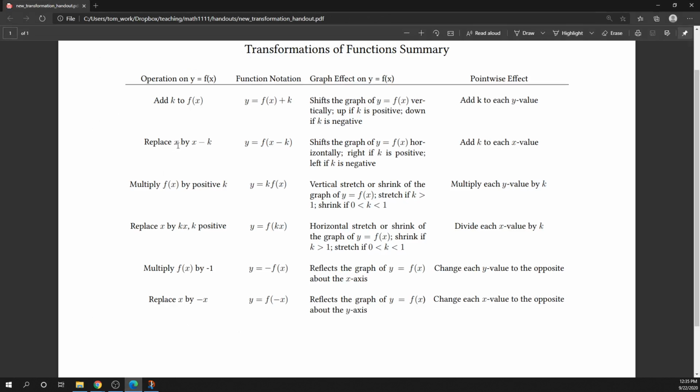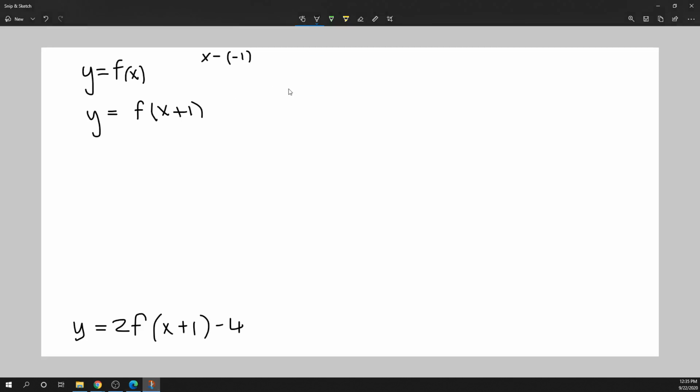That's this transformation here. I replaced x by x minus a number, so my k in this case is negative 1. This is the number when I've written it as x minus.